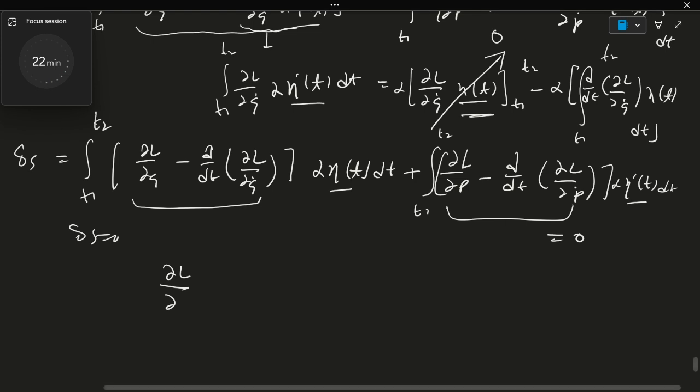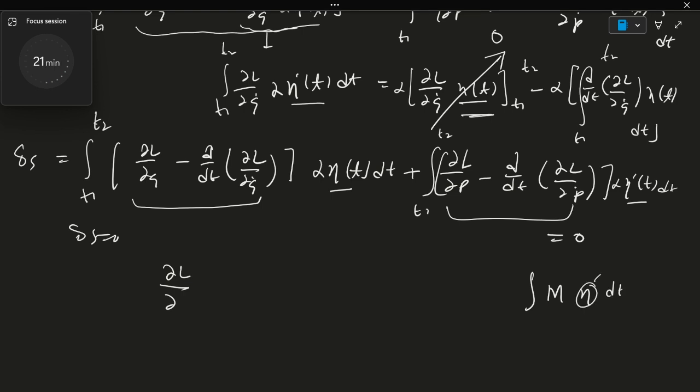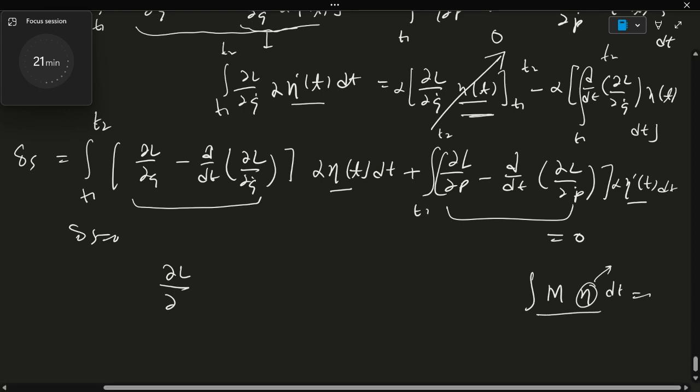You can go to the question where they have derived the Lagrange equation from the variation principle. They have mentioned it. You can say that there is an M times eta times dt, where eta is a continuous, arbitrary function. If that is equal to 0, then your M will be equal to 0. So that's what I have used here. It's a fundamental lemma. You can easily search or look for it in the book.